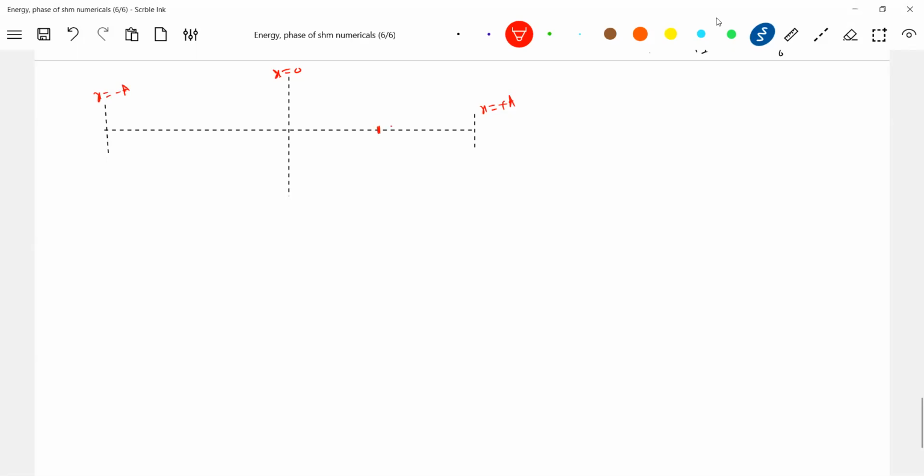So this is point 1, this is point 2. This distance is a by 2. The particle at t equals 0 starts from the mean position. What is the time taken to move from 1 to 2? What is 1? A by 2. What is point 2? A by root 2. This time has to be calculated.